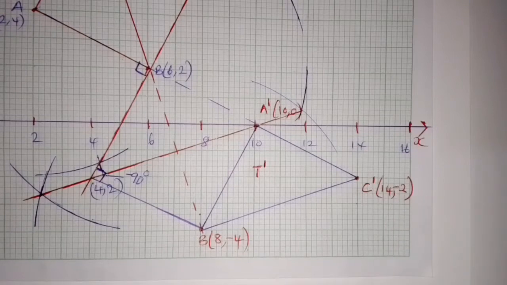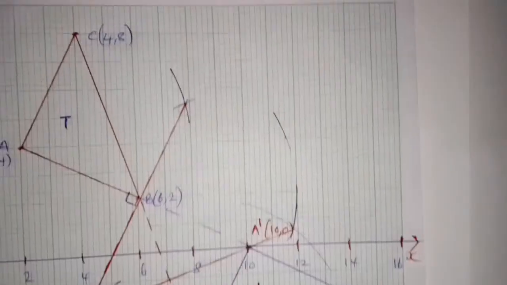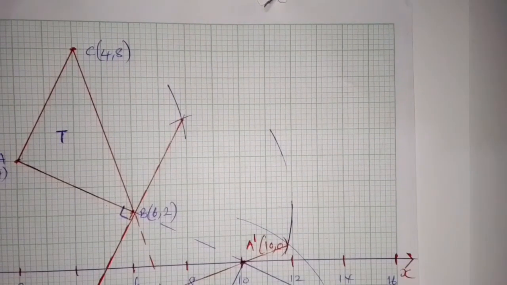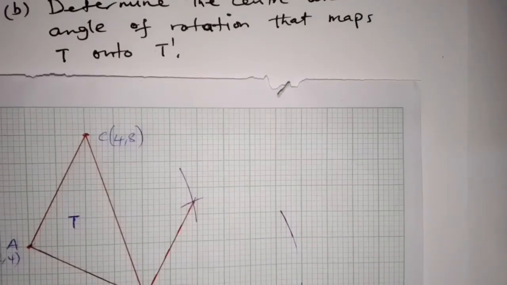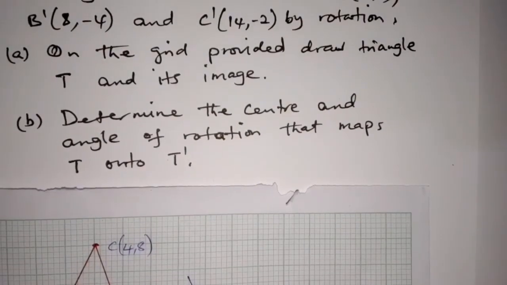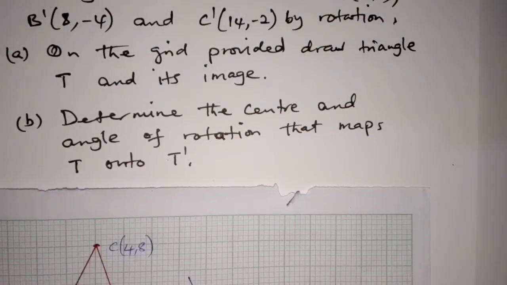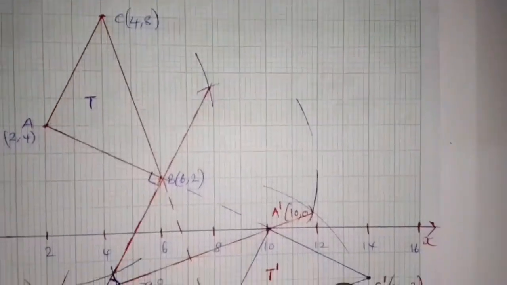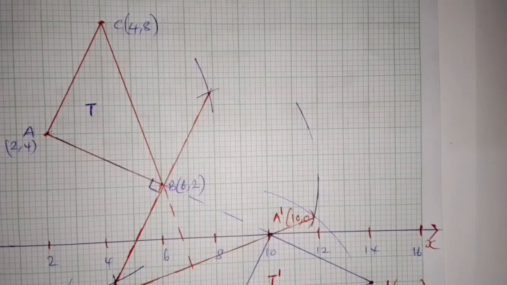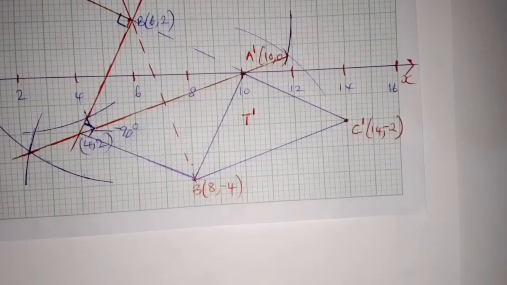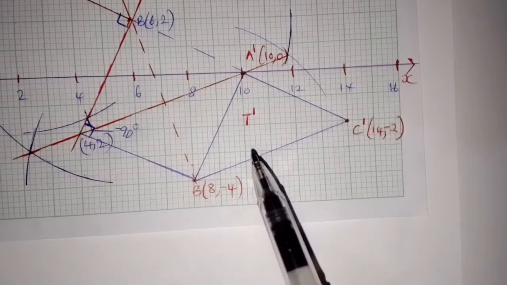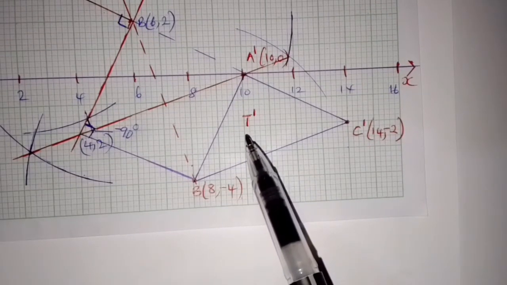So now, in part A, we are told on the grid provided to draw triangle T and its image. Our triangle T is this one here, and the image of triangle T, that is T prime, is this one here.